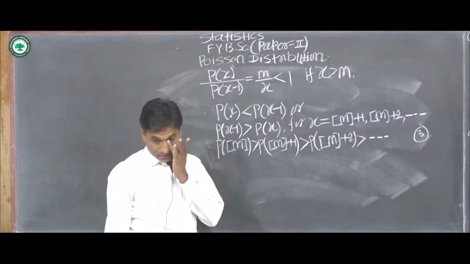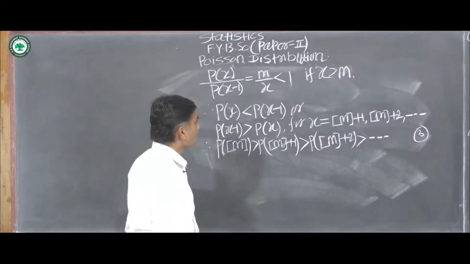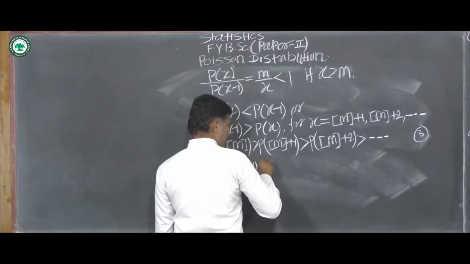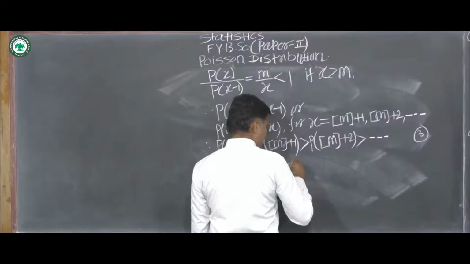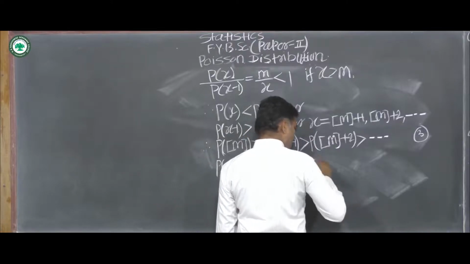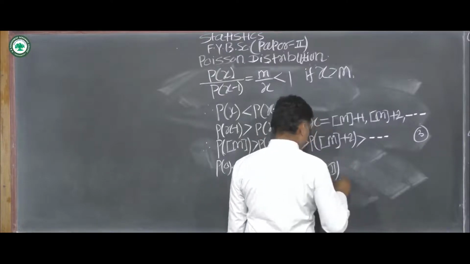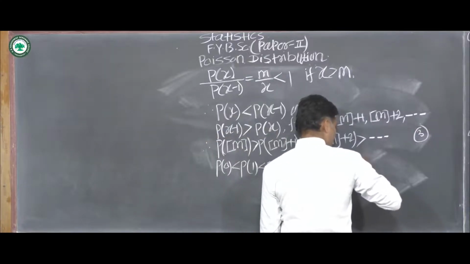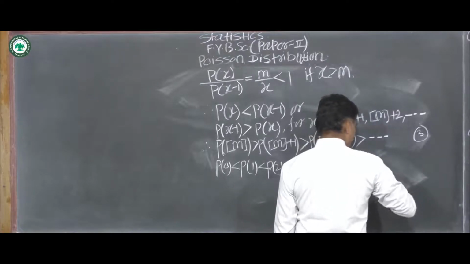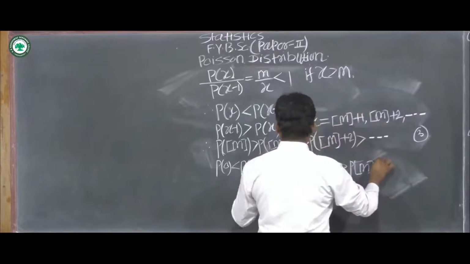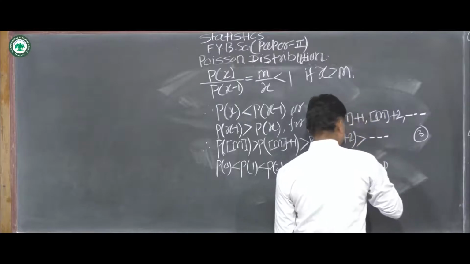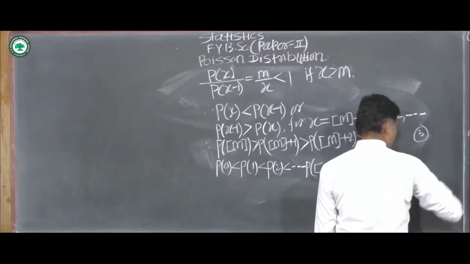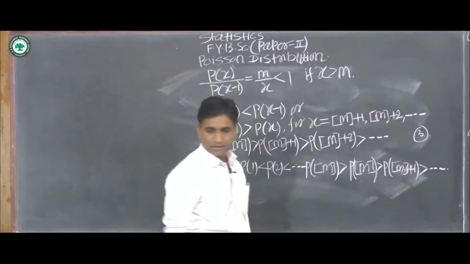Now from 2 and 3 we have: probability of 0 is less than probability of 1, is less than probability of 2, is less than, and so on, up to probability of [m], which is greater than probability of [m] plus 1, greater than, and so on.